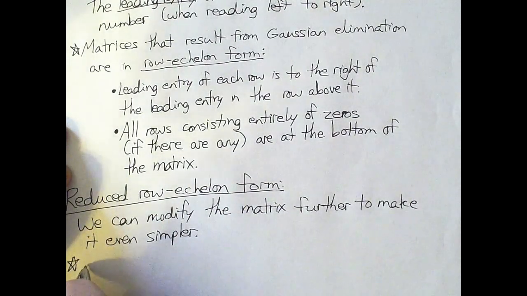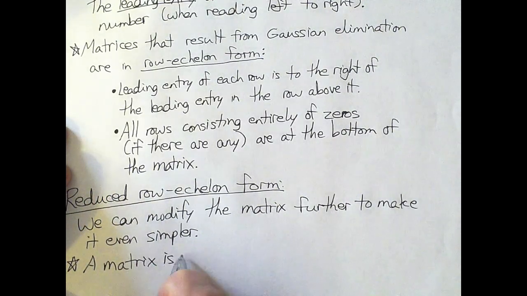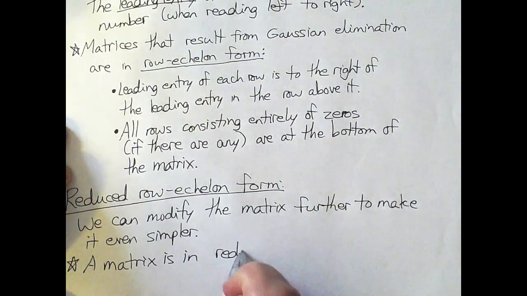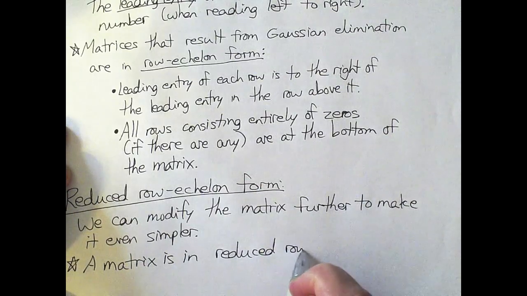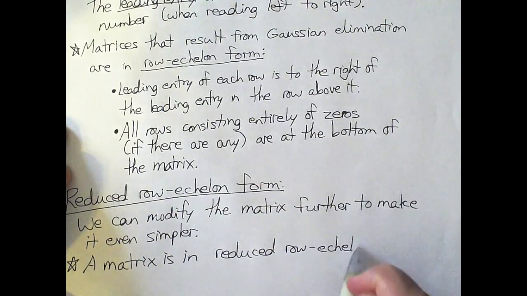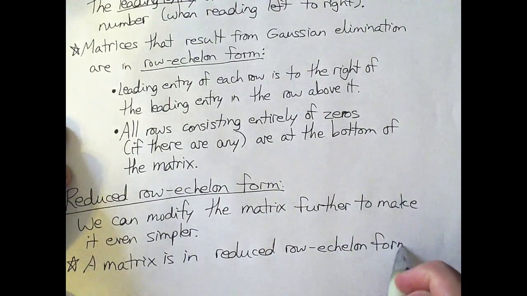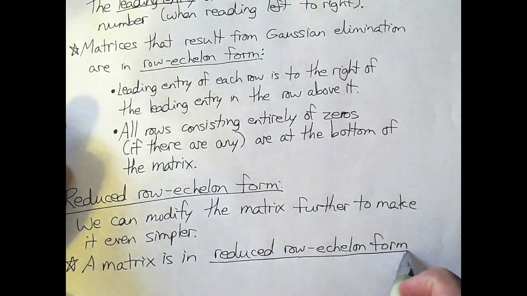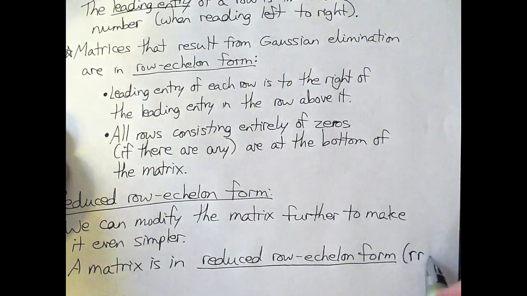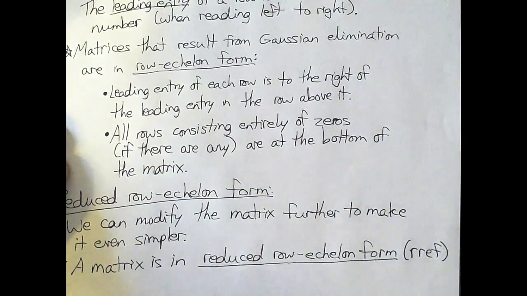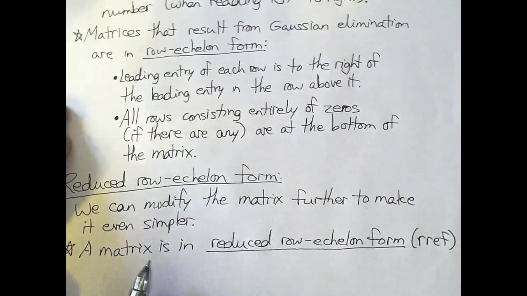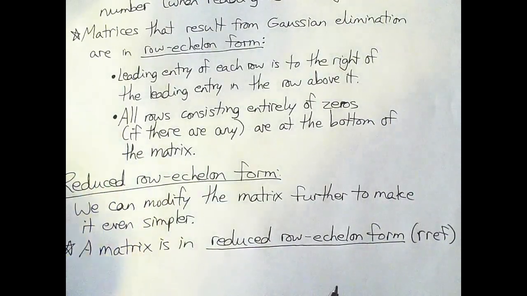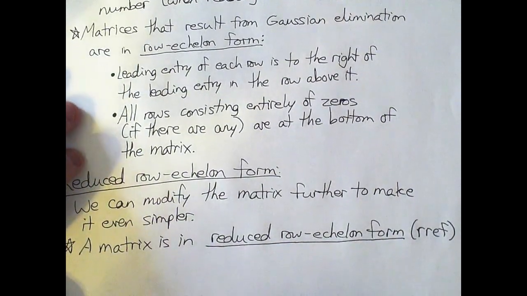Well, this will be a definition. A matrix is in reduced row echelon form, and that is sometimes abbreviated as rref. Usually when you abbreviate it, it's all lowercase. That's usually how I see it. So interesting that it gets abbreviated to all lowercase.